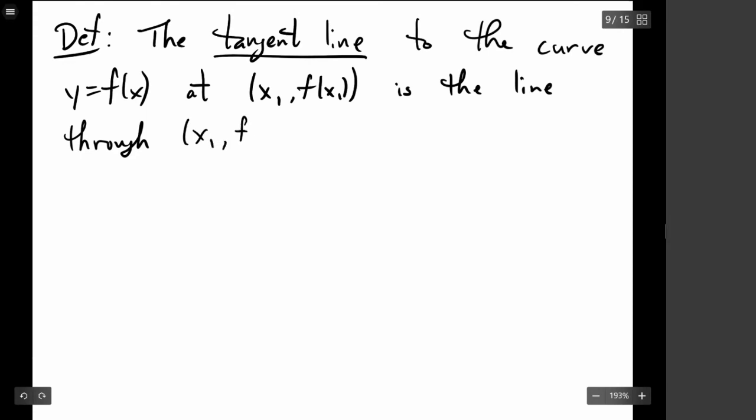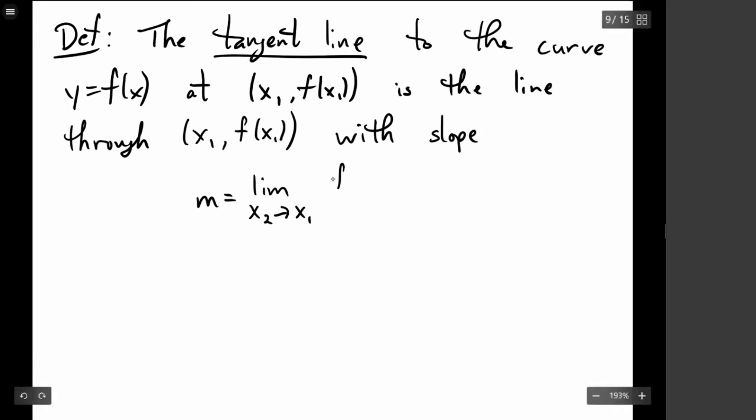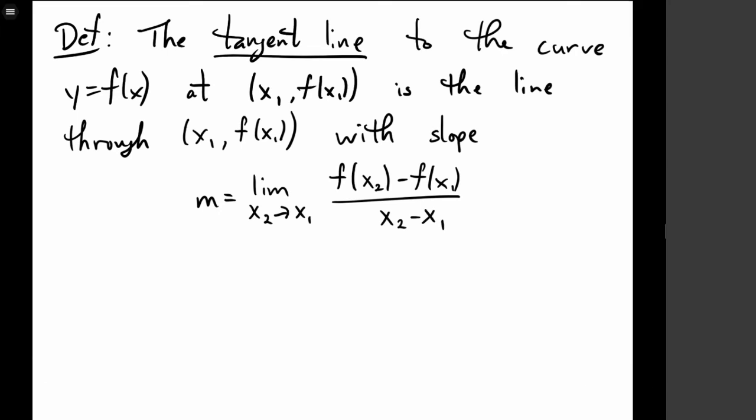whatever this point is, with slope m equals the limit as x2 approaches x1 of f of x2 minus f of x1 over x2 minus x1.